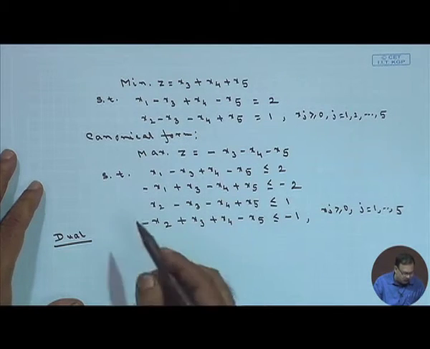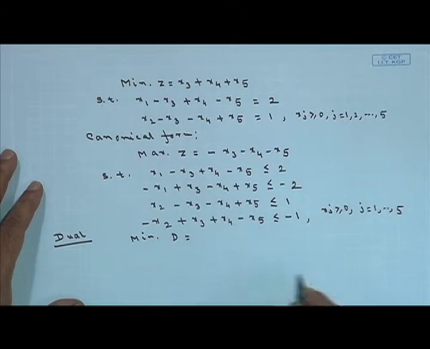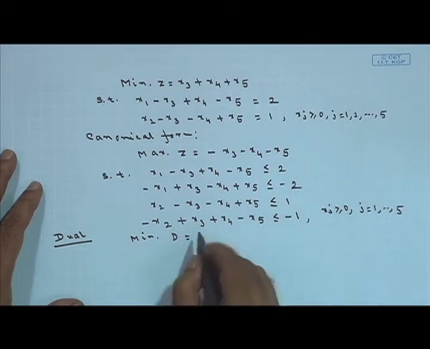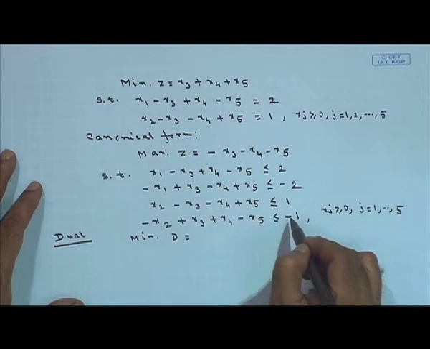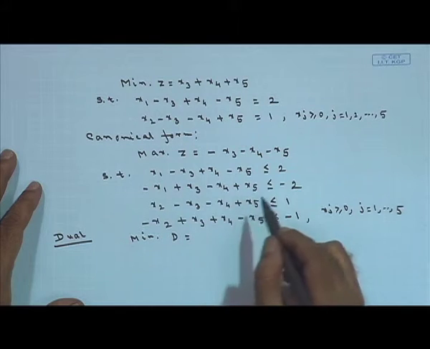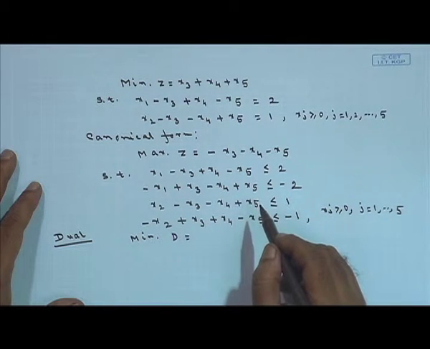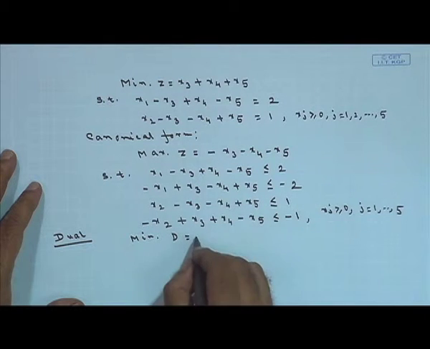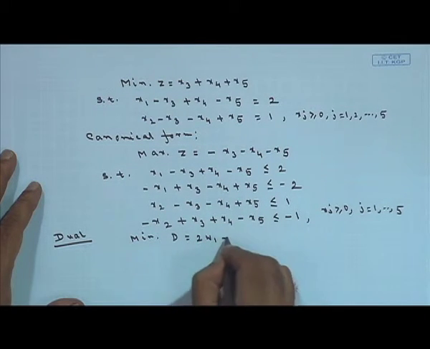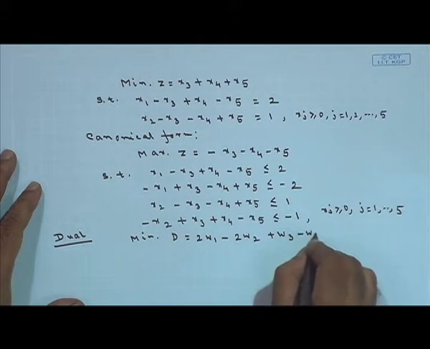So, minimize d equals, and I have to take the b values, because the b values go to the objective function as coefficients of the dual variables. So, it will be 2 w1 minus 2 w2 plus w3 minus w4.